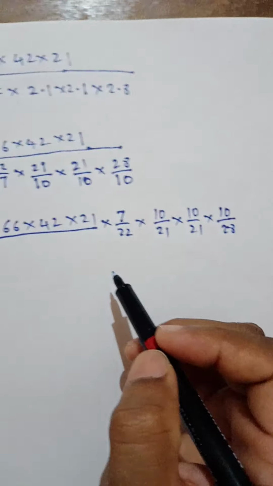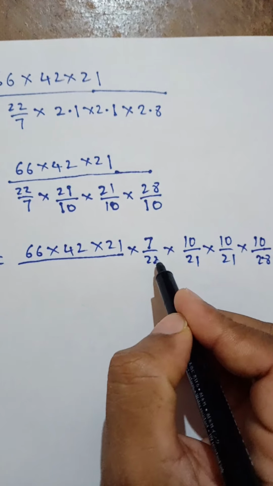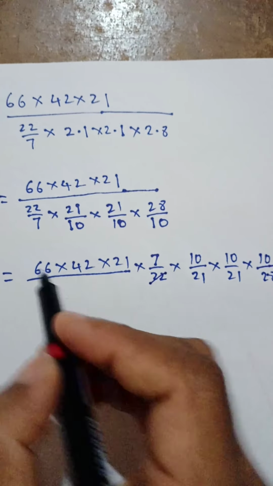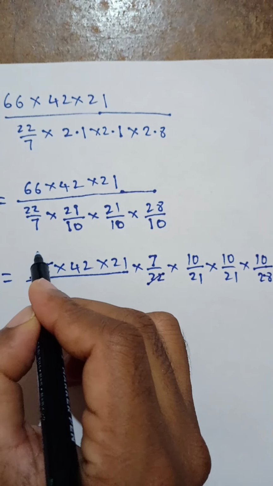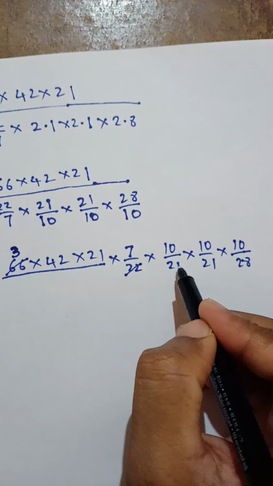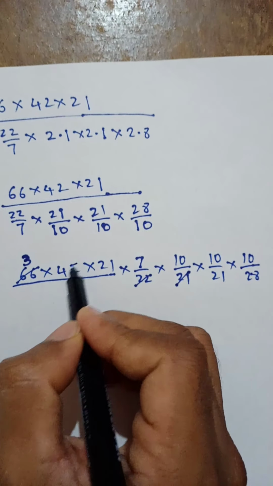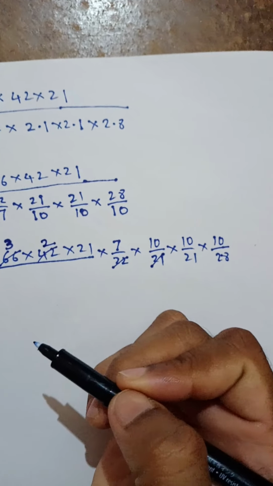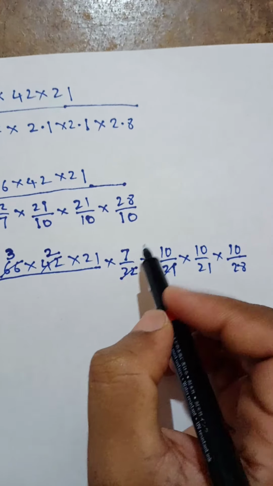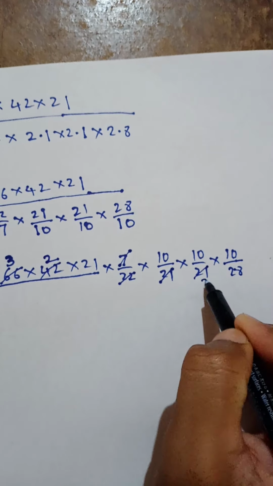Now what you have to do here, cancellation. See, 22 ones are 22, 22 threes are 66. Now 21 ones are 21, 21 twos are 42, cancellation. Here 7 ones are 7, 7 threes are 21.